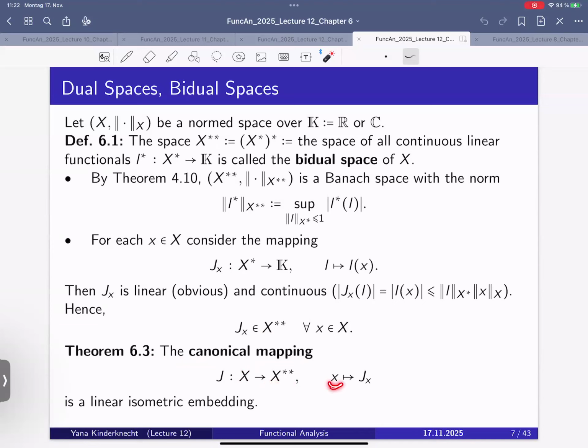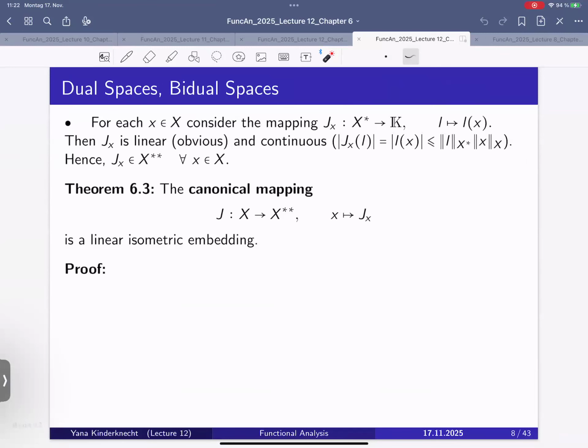I take any element x in this space and associate to it this mapping Gx, which is the point evaluation at this point x. So this canonical mapping is an embedding of X into X double star, and it is a linear isometric embedding. So it is an isometry and even a linear mapping.